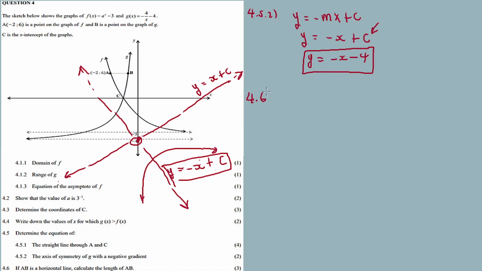So now our answer is there. 4.6. If AB is a horizontal line, calculate the length of AB.